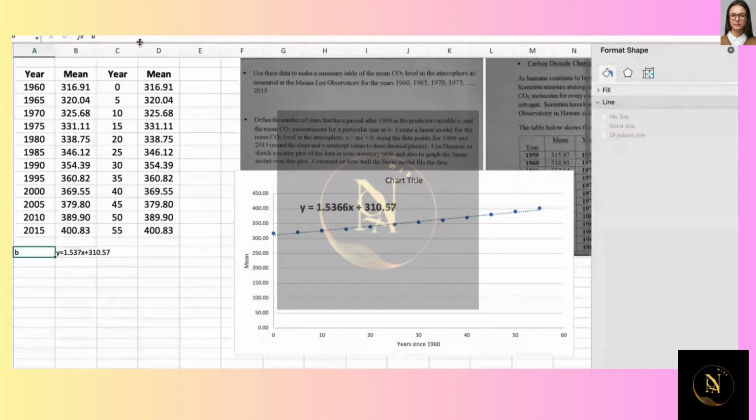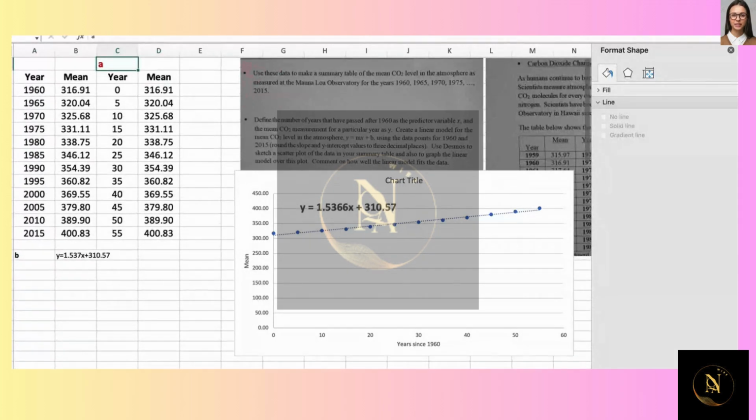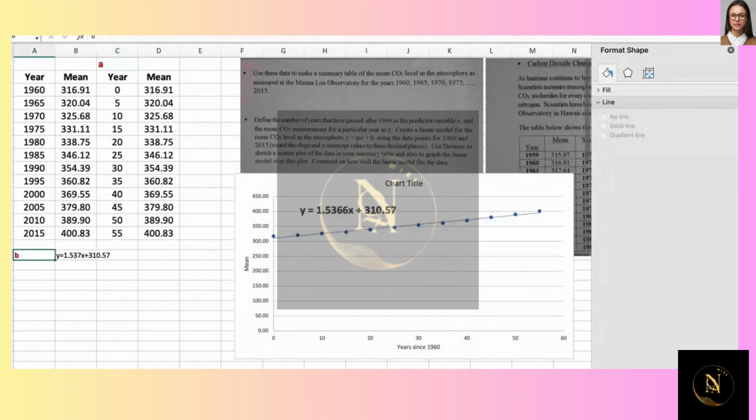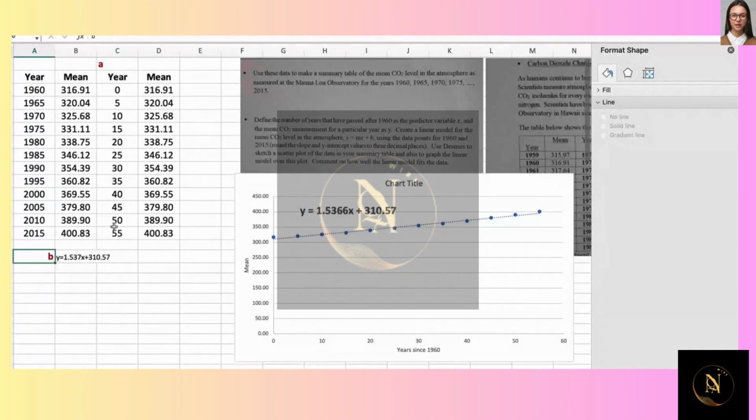I already did A, so this would be A here. Bold, and this is going to be red too. So this is B, and bold. Okay. Oh, and I'm sorry, I need to also finish answering the question. It says comment on how well the linear model fits the data.